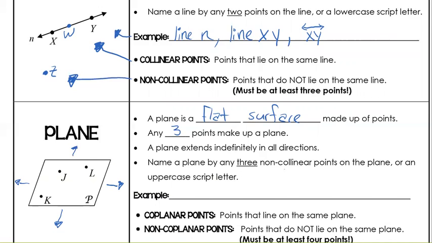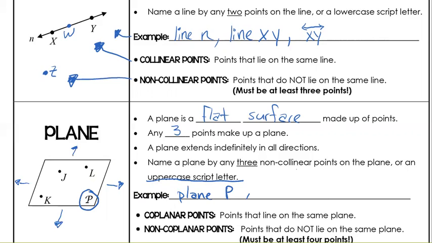Name a plane by any 3 non-collinear points on the plane or an uppercase script letter. So my uppercase script letter here is P. This is my uppercase script letter. So here's my example. I could call this plane P, or just use these 3 points.